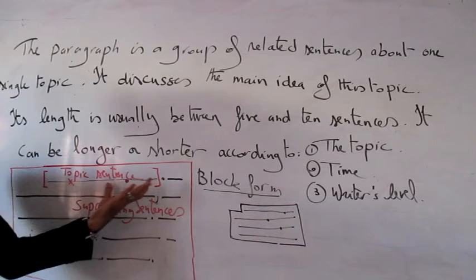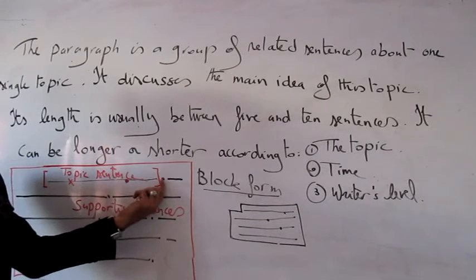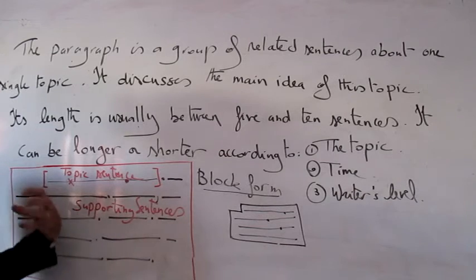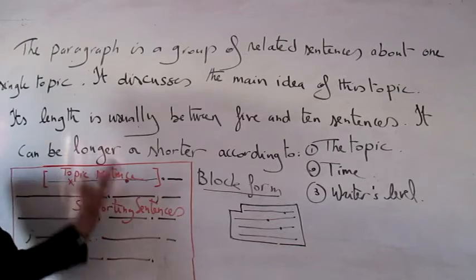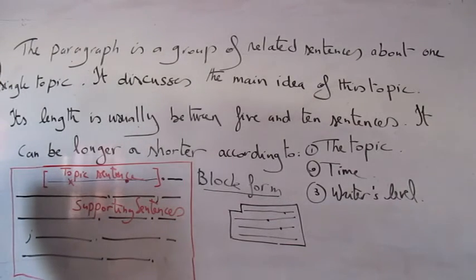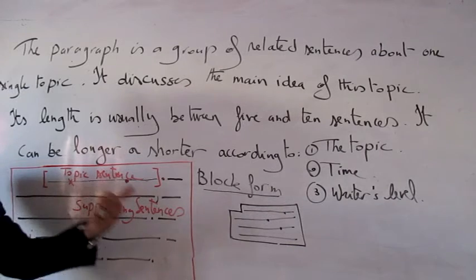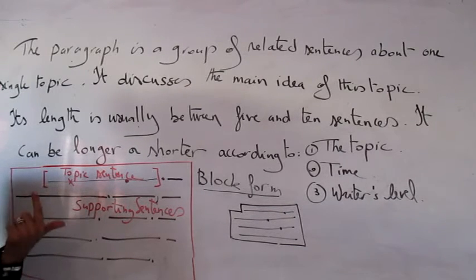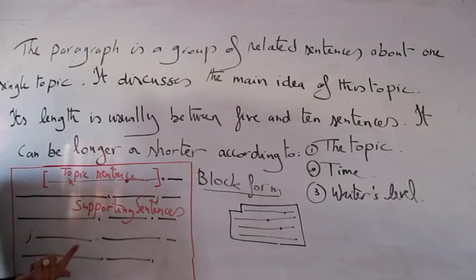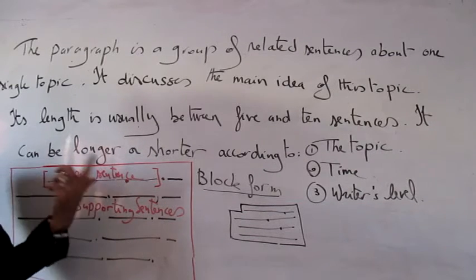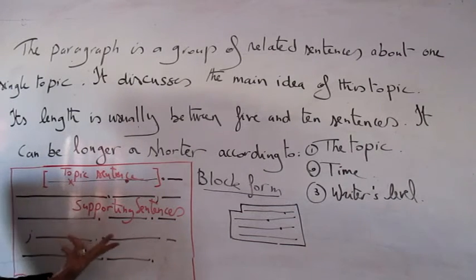These are a group of sentences which come directly after the topic sentence to support the topic and its main idea, to develop it, to extend it, to detail it, either by using explanation or by using details and information about this topic, its reasons, its causes, its effects, and so on, or also by giving examples.